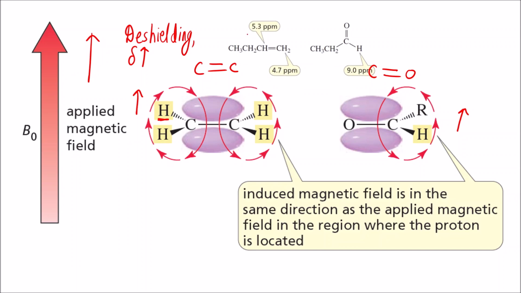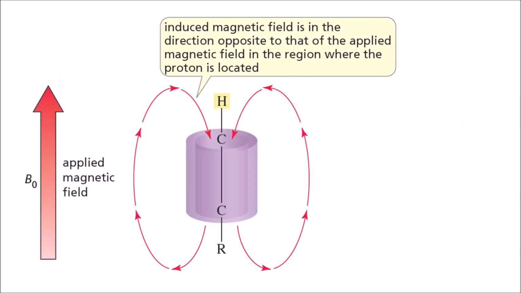The values are 5, 4.7, and in the case of the aldehyde proton it is 9 ppm. But there is another, different example: the carbon-carbon triple bond, an alkyne.